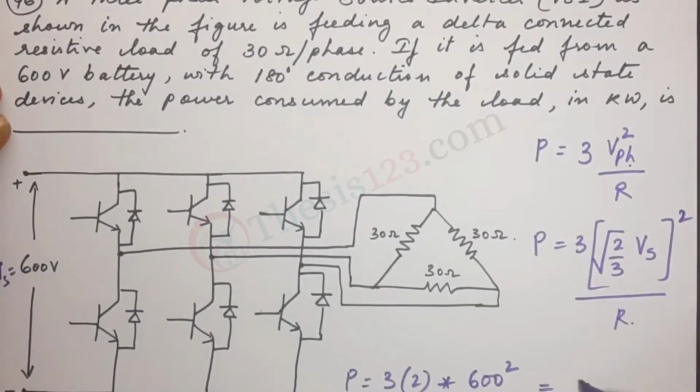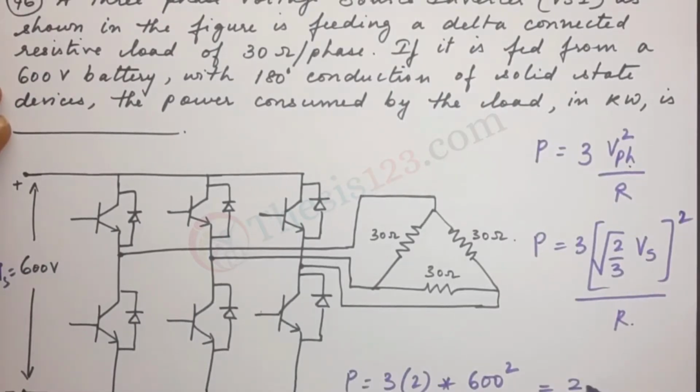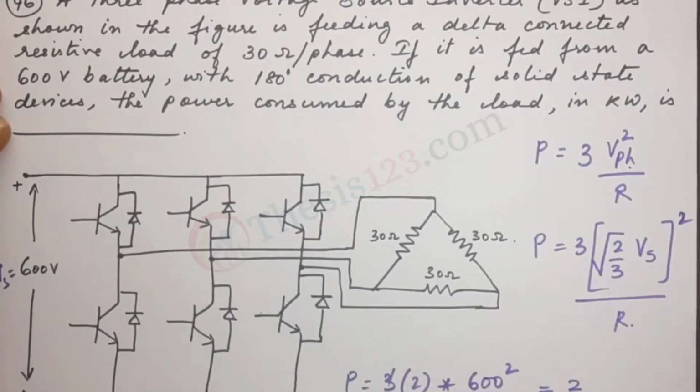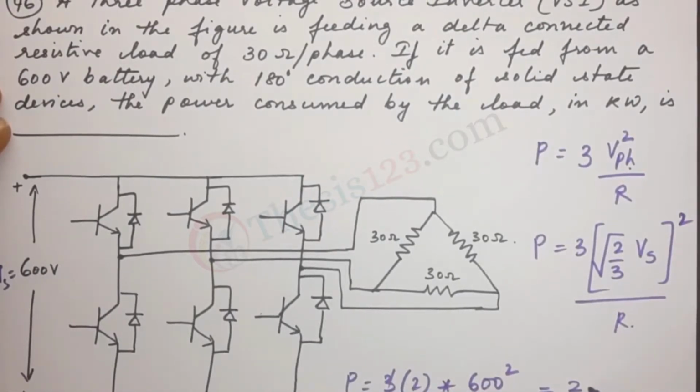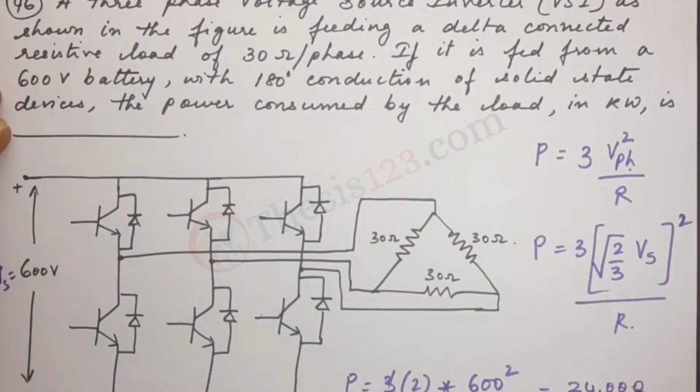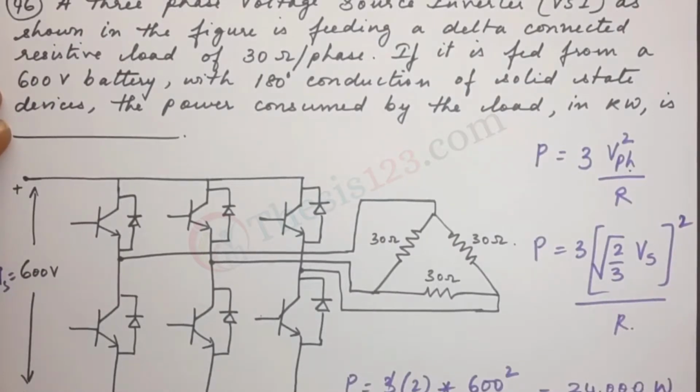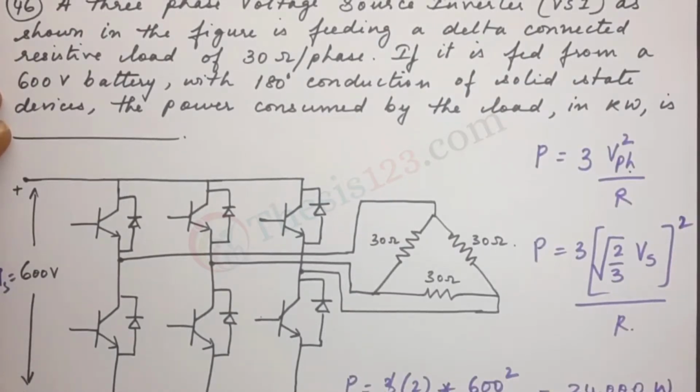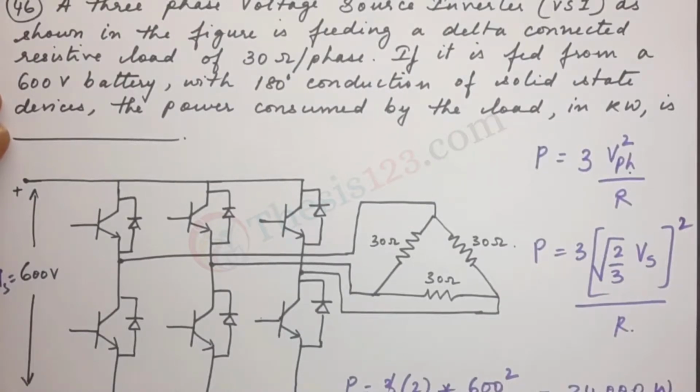Okay, so we solve this to get, let's see now, 24,000 watts, which comes to 24 kilowatts.